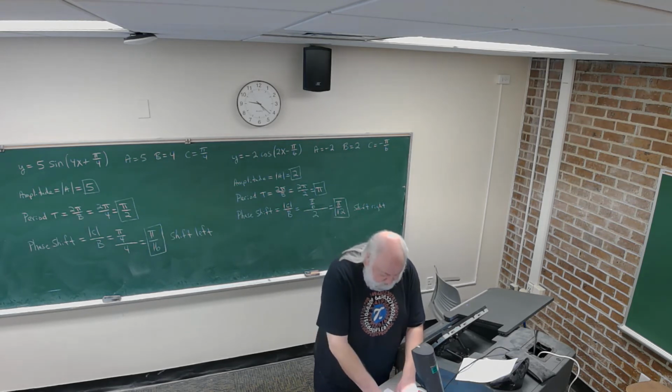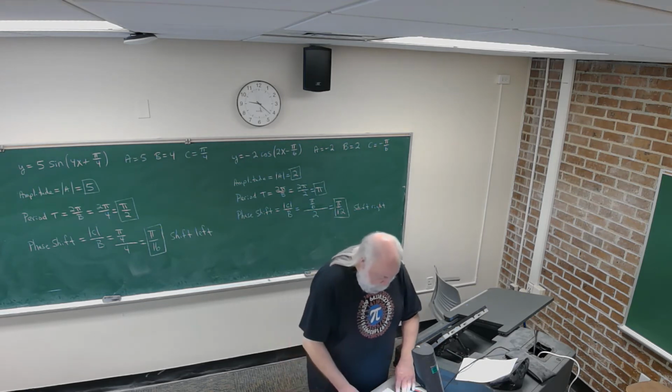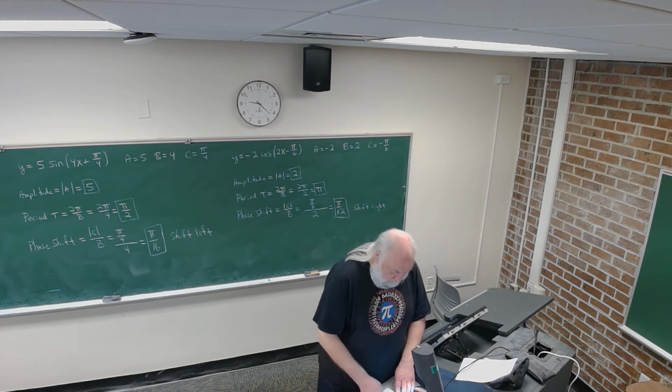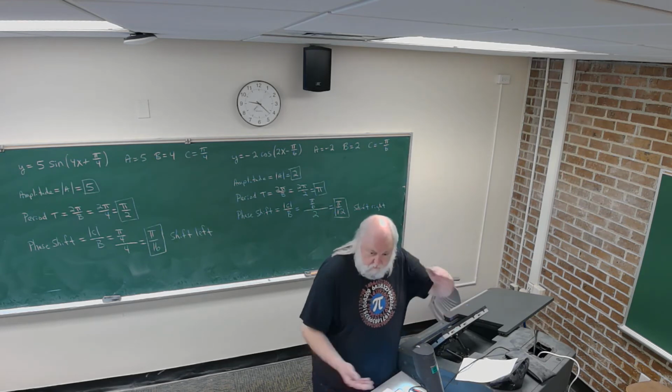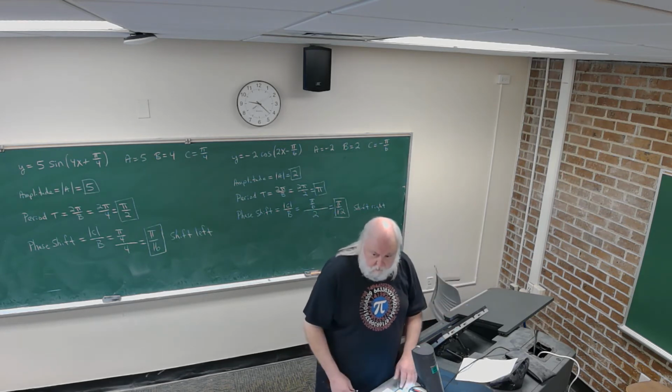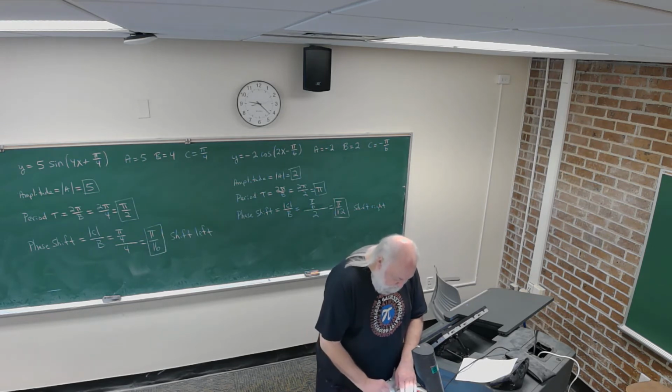And then it's being shifted to the right or to the left. So what we end up graphing will have this shape, but it'll be stretched vertically, compressed horizontally, and then shifted to the left or to the right. All right.